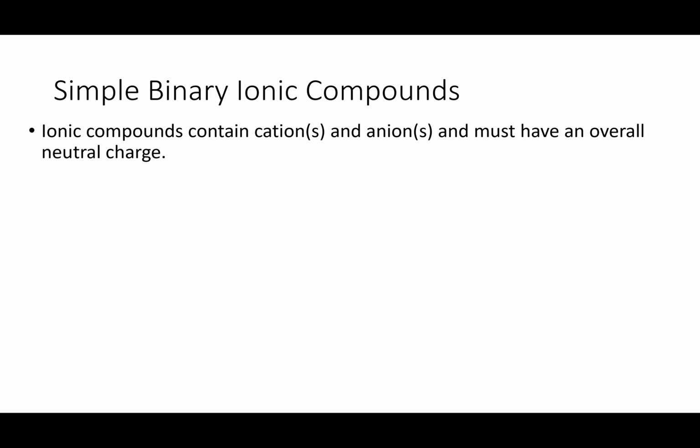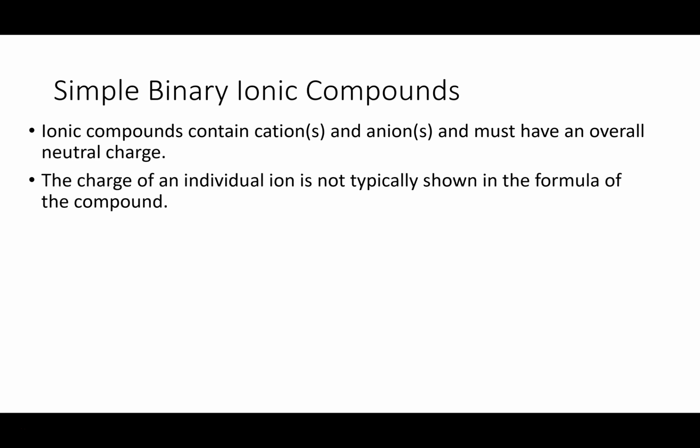And again, I'm not a math teacher per se, but I like that it all adds up to equal 0. And that's what we mean by, if you write the formula of an ionic compound, you need to have the right number so your pluses and minuses cancel. Makes it neutral.